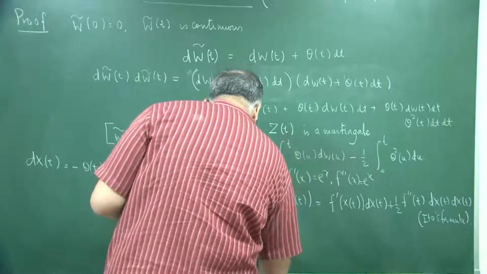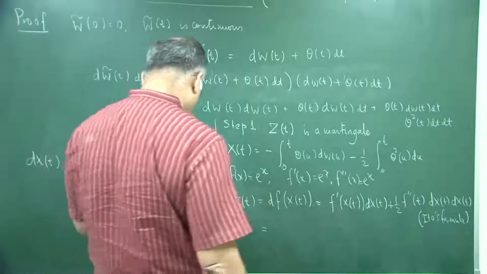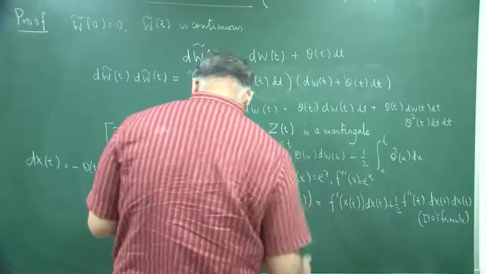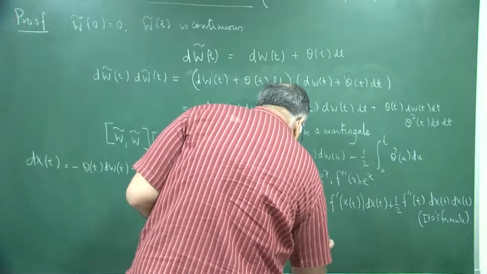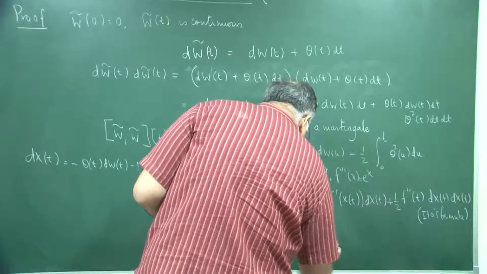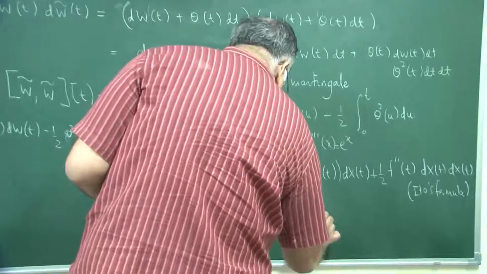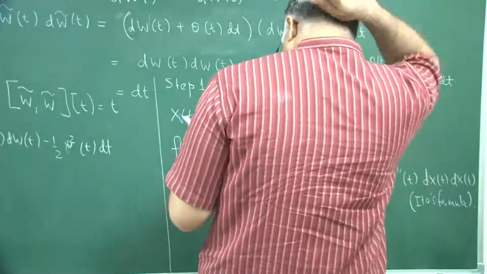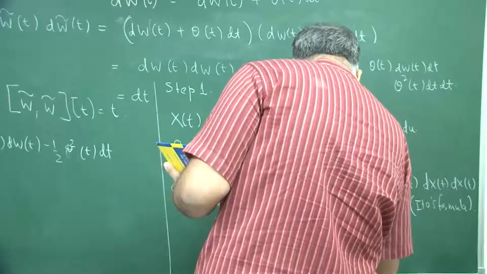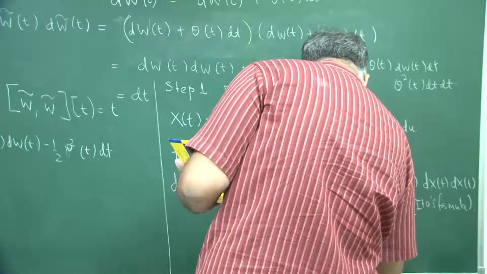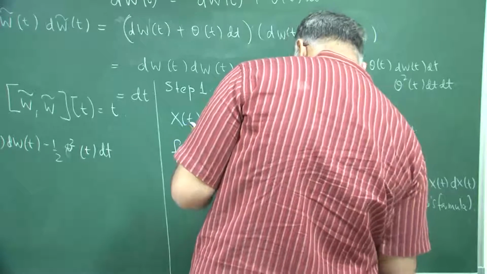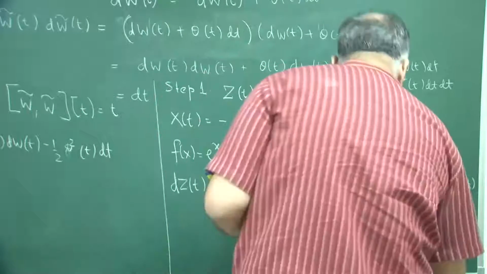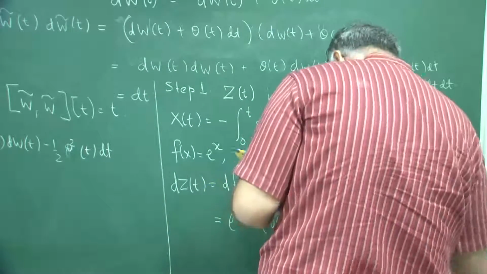So, e to the power xt is of course zt. Plus half, you find out the quadratic variation.